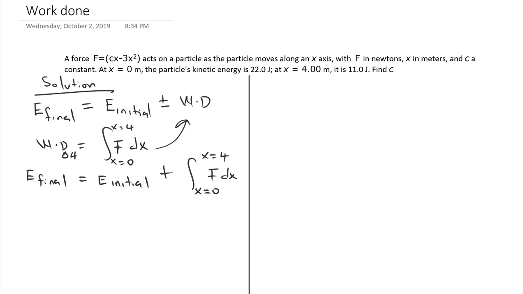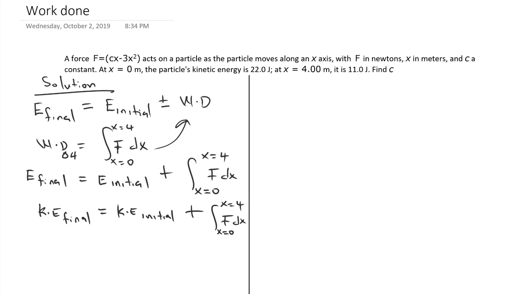Now in this case, the only mechanical energy we have is kinetic. So we can further break this expression down to kinetic energy final is equal to kinetic energy initial plus the integral from x equal to 0 to x equal to 4 of F dx, where F is a function of x.